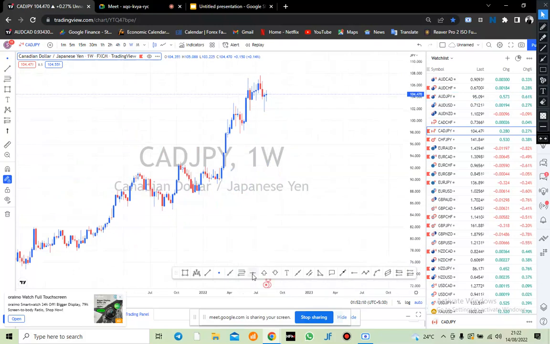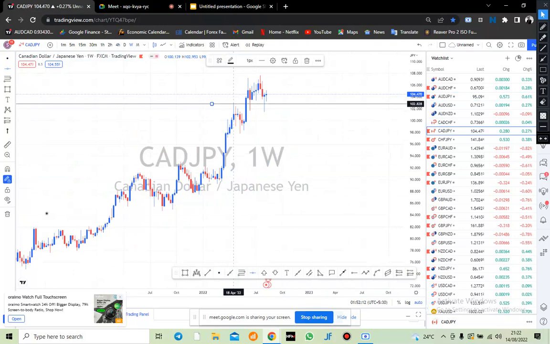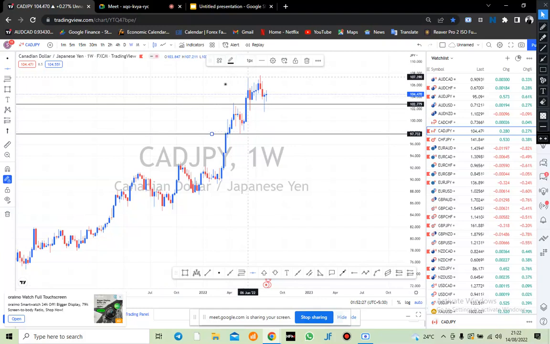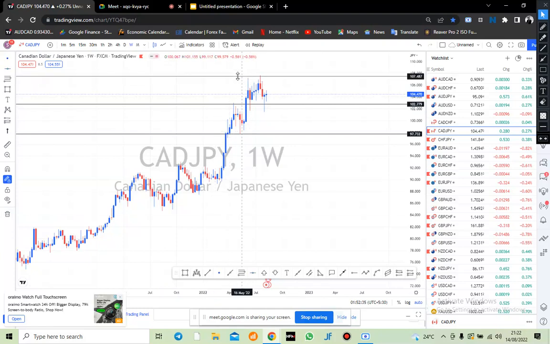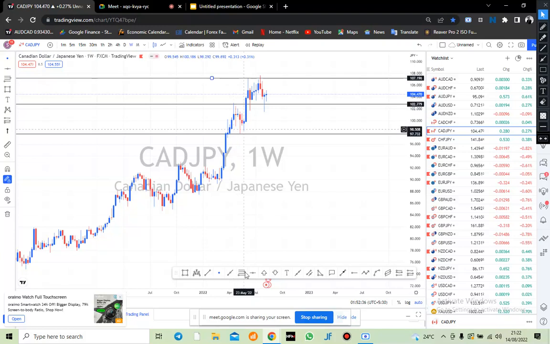So now I'll start drawing the support and resistance. The resistance. So I think there's no other line drawn here. The resistance, the support, and the price rise again. It created the resistance, and then it dropped. It created the support.